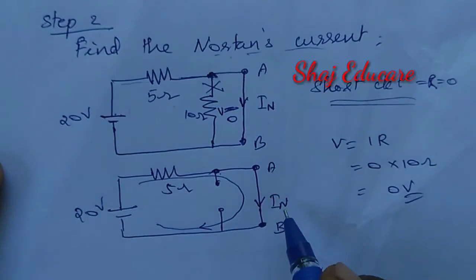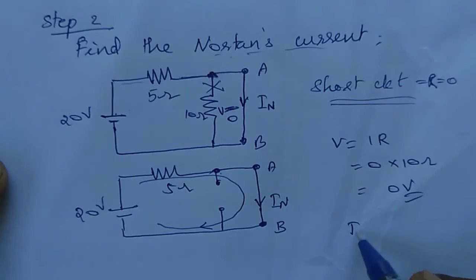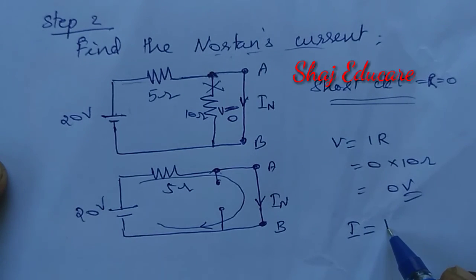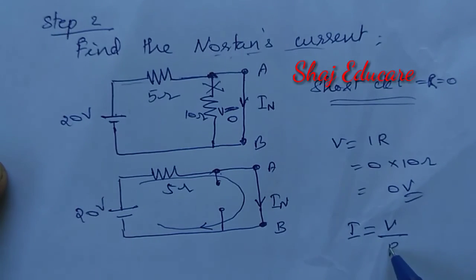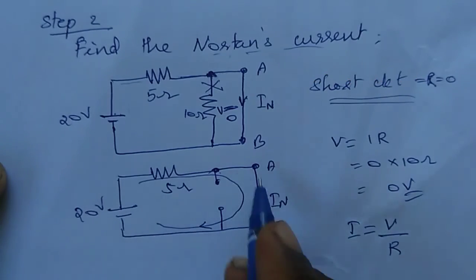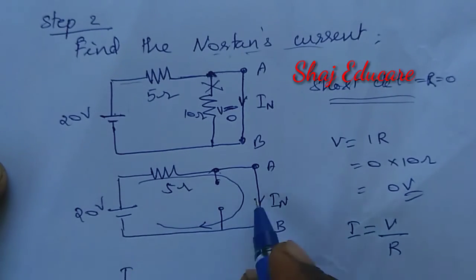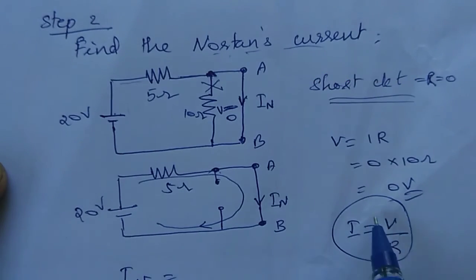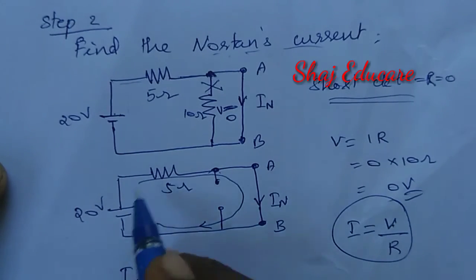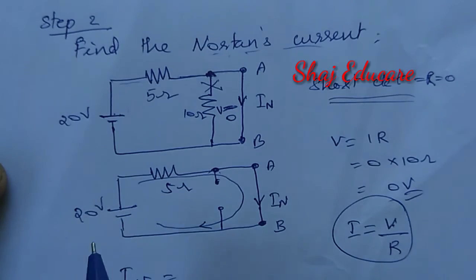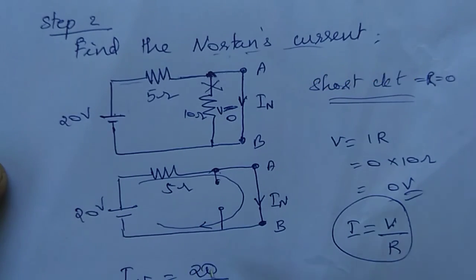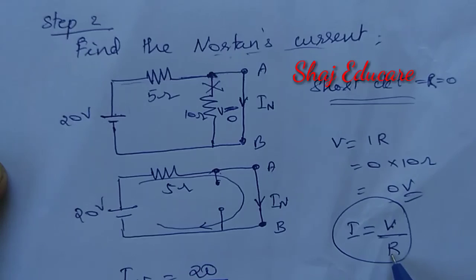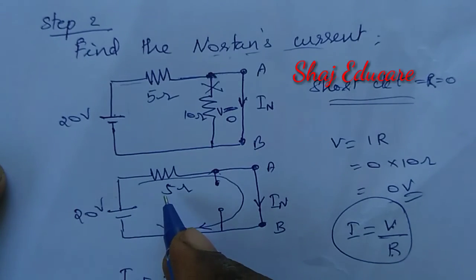Now I have to find what IN is. All of you know that I is simply the potential difference by resistance. In this path, what about the current IN? Applying this formula, we can write IN is equal to potential difference divided by resistance. What is the potential difference in this circuit? That is 20 volt, divided by the resistance in this path, only 5 ohm.